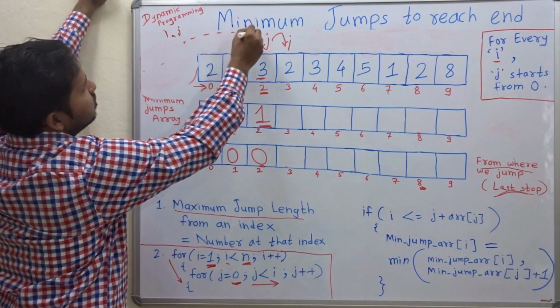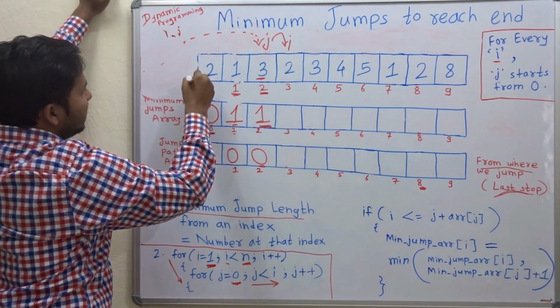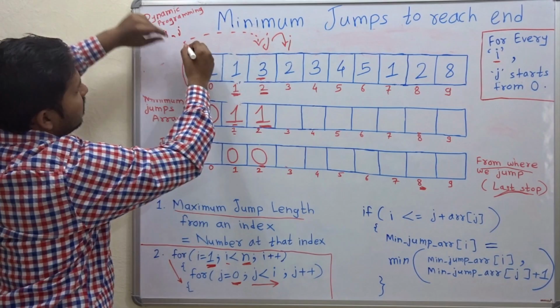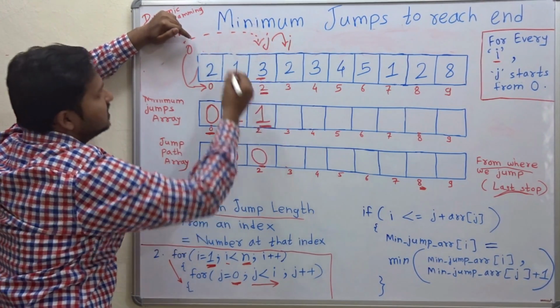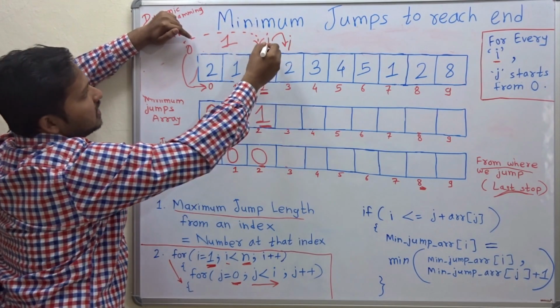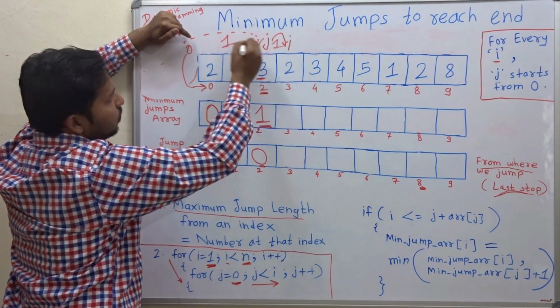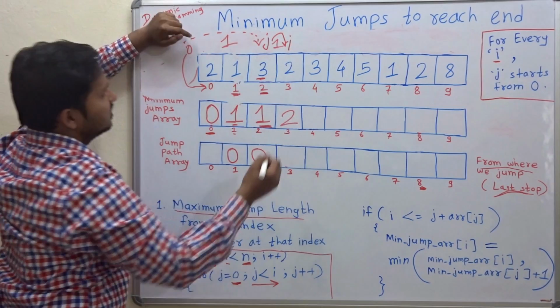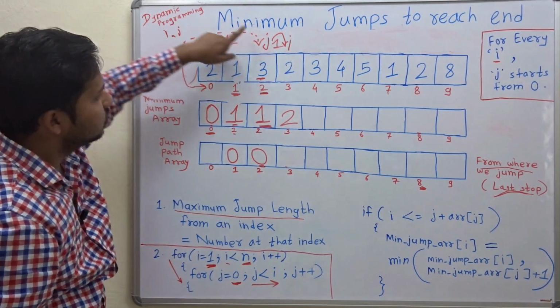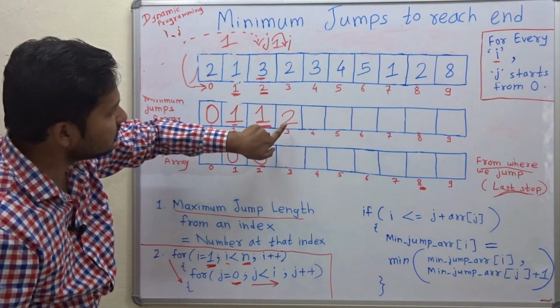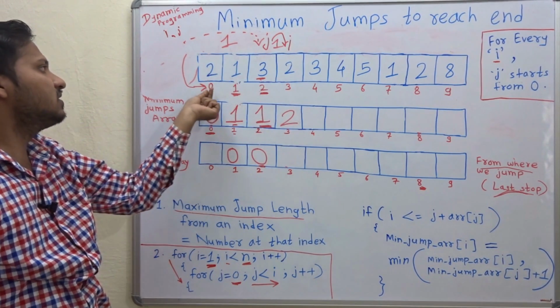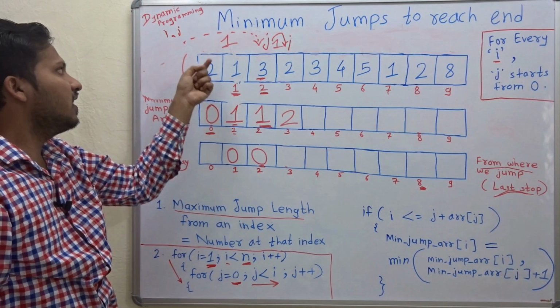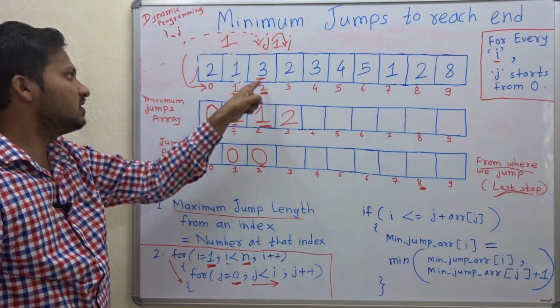And how many jumps to reach j from the starting index 0? 1 jump is needed, plus this 1 jump from j to I. So 1 plus 1, 2 jumps are needed. So 2 jumps to reach the 3rd index from the starting index via j, the second index.